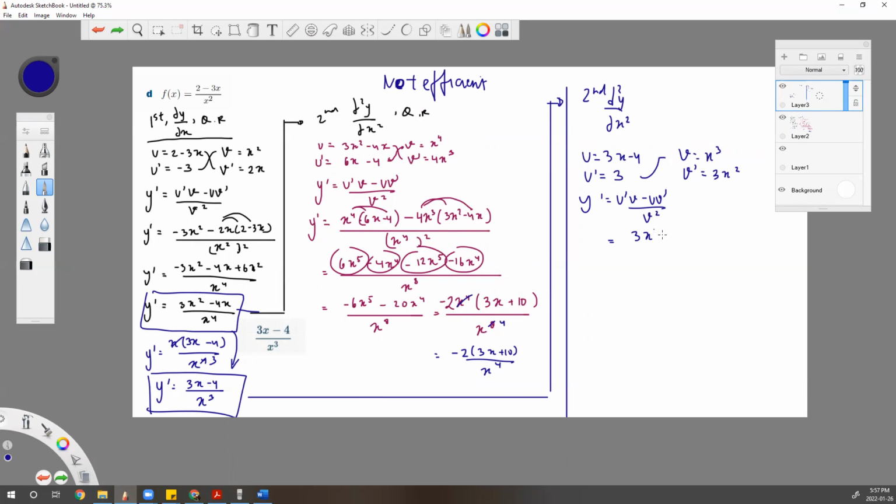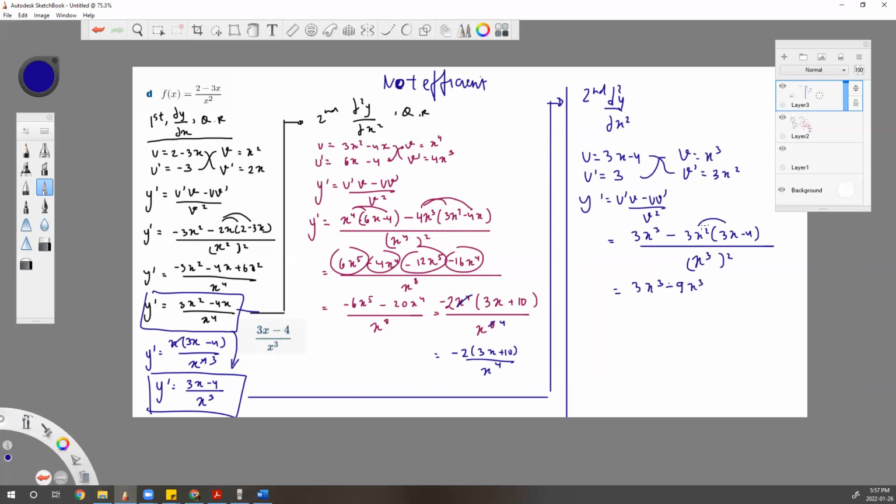See how easy it is. Minus 3x squared, I put it in front, 3x minus 4 over x power 3, power 2. And then 3x cubed. See? Oh, okay. It's very, very simple.